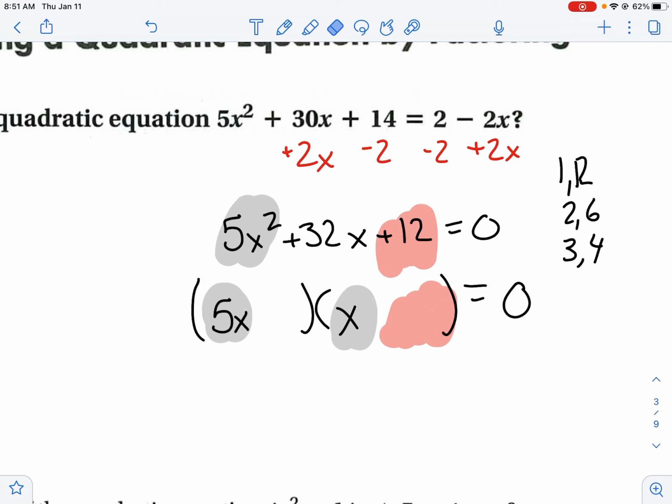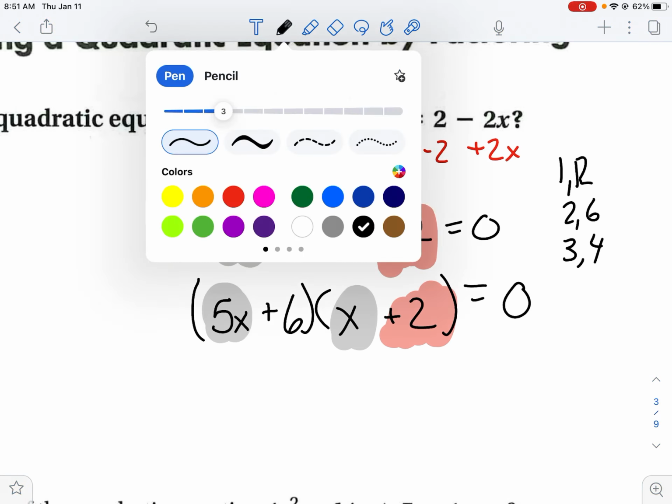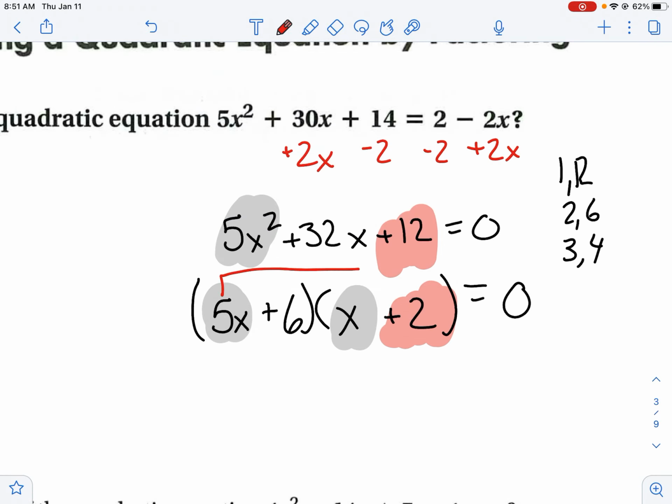So we're going to use 2 and 6. This is going to be wrong, but if we put 6 here and 2 here, we check it, we get 5x times 2 gives you 10x, and then 6 times x gives you 6x. That gives you 16x. That's not that. That doesn't work, but it changes.